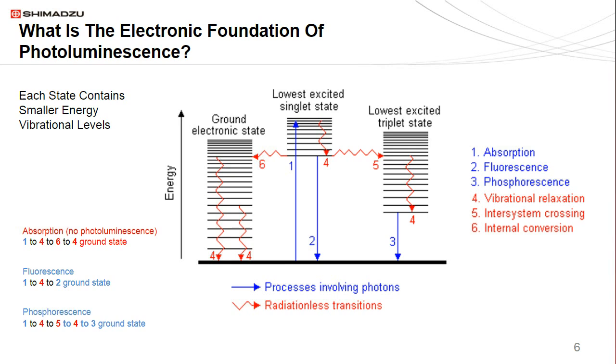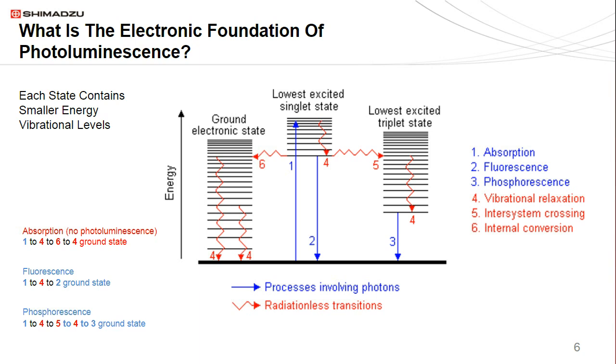Notice that all three of these states contain smaller energy vibrational levels, and they're rather important. The blue items are items that involve a photon either being absorbed or re-emitted. The red items are involved in radiationless transitions. In other words, they're involved in producing heat.